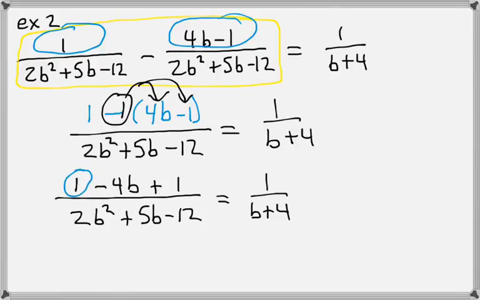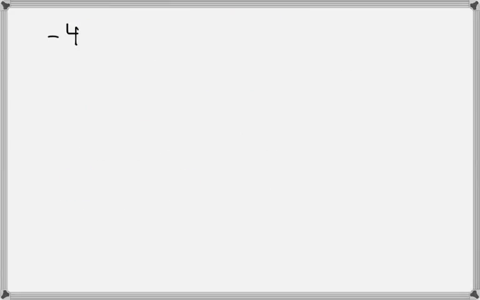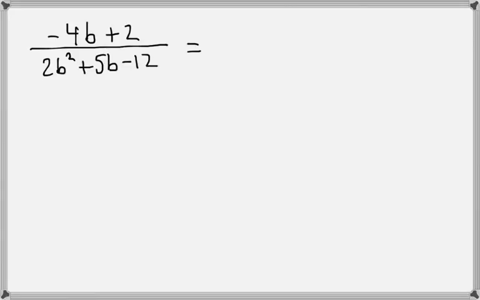So here I have a 1 and another plus 1, so I can combine those together to end up at negative 4b plus 2. And all of that was over our common denominator of 2b squared plus 5b minus 12, and we still had the equals 1 over b plus 4.